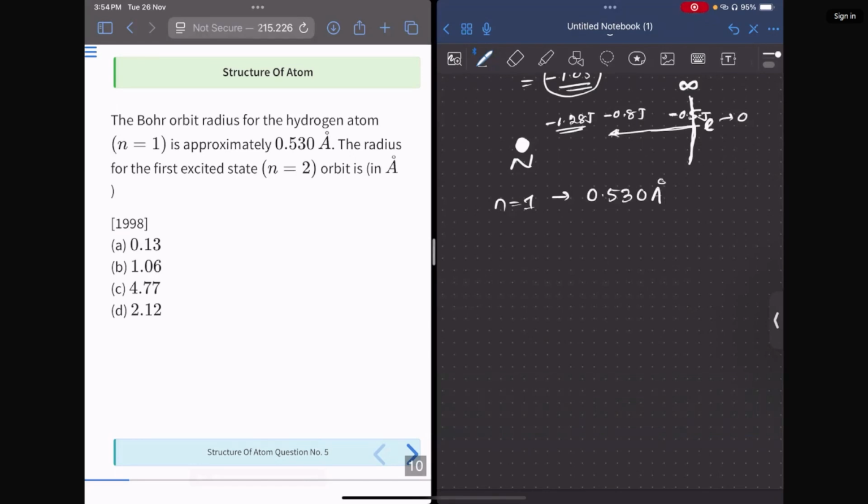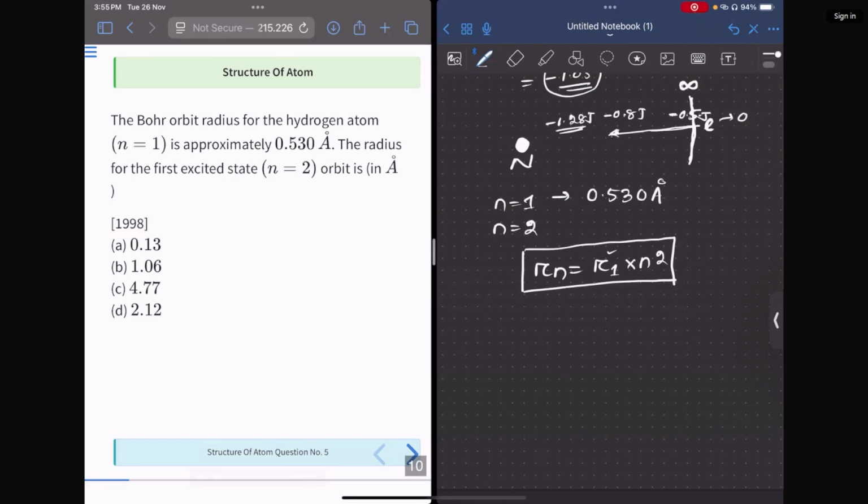It is asking us to calculate the radius of the orbit n equal to 2. So what is the formula for radius? Rn is equal to R1 into n square.